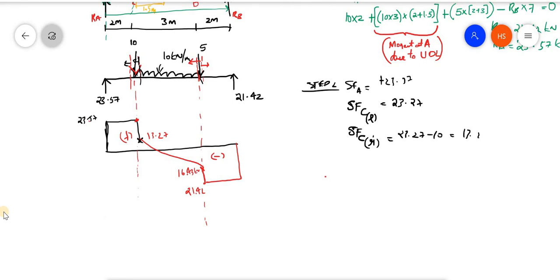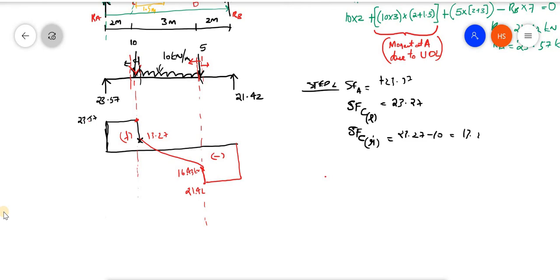Right and left are considered only when we have a load. The shear force is not changing sign; it is the same point itself having two shear forces. That's the reason we write it like this.